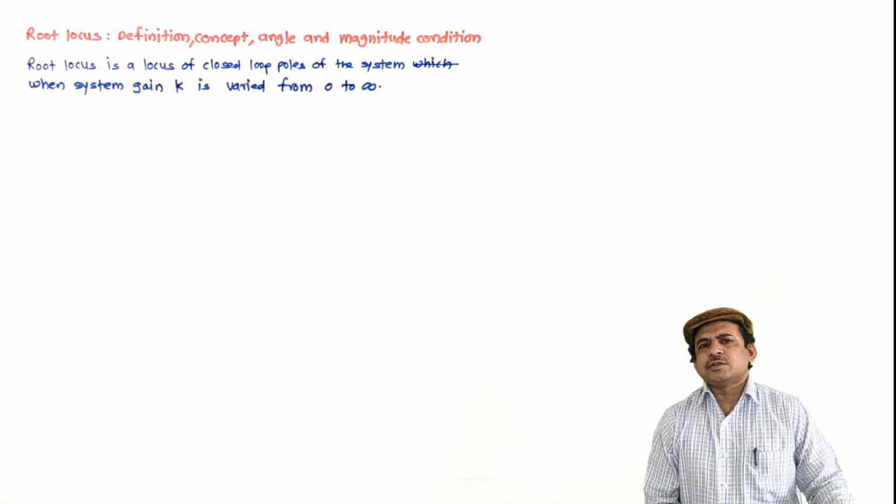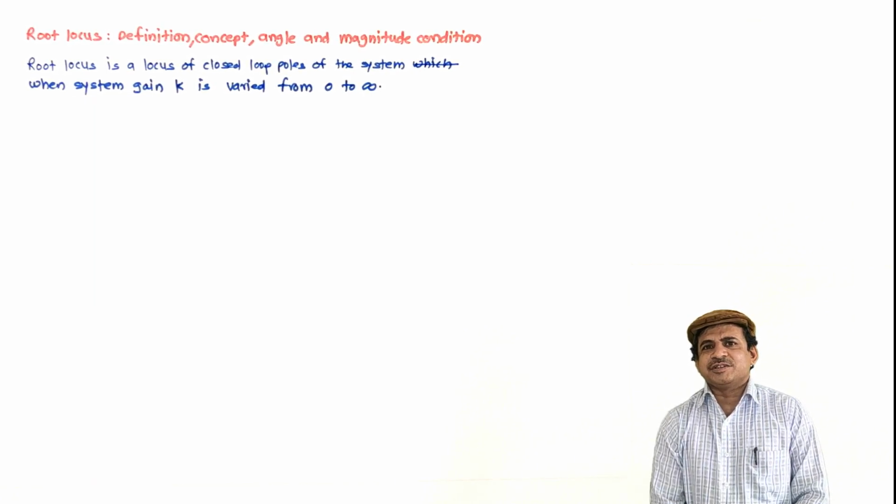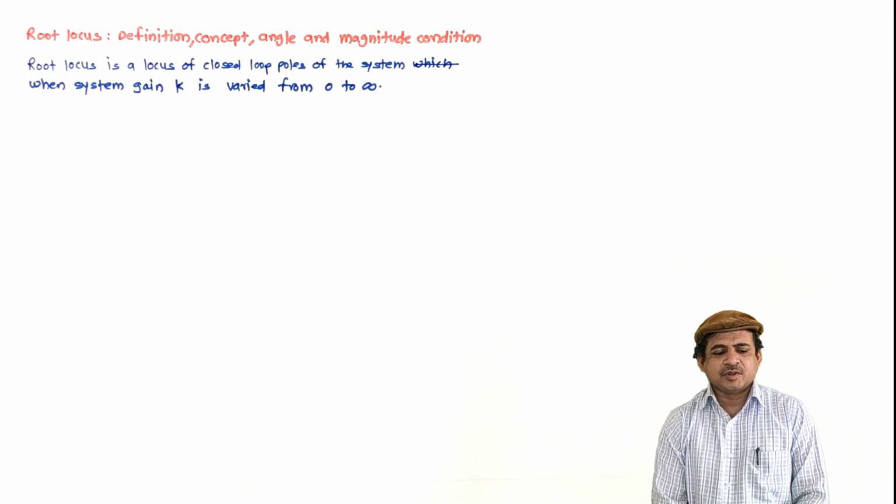So, closed loop poles are the roots of the characteristic equation and hence it is called root locus.